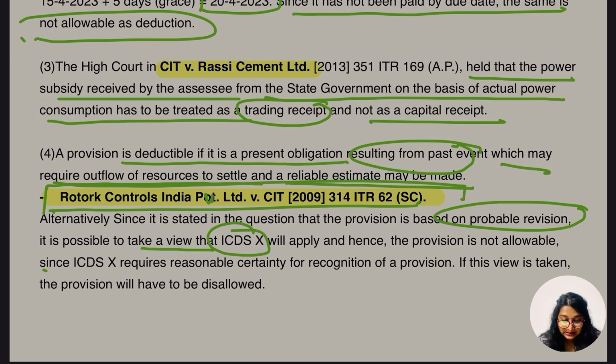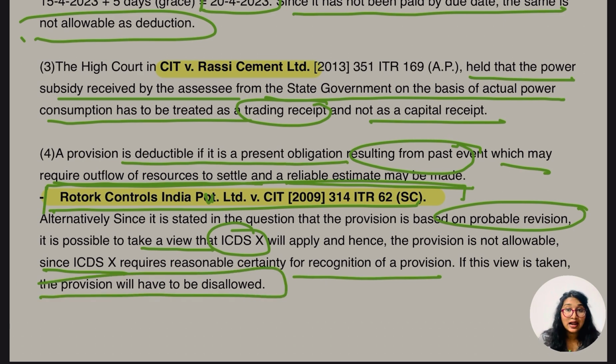Since ICDS 10 requires reasonable certainty for the recognition of a provision, if this view is taken, in that case the provision will be disallowed. So you have the right to go for either the first option or the second, but you have to mention it in your working note, whether we are going to assume this or that.